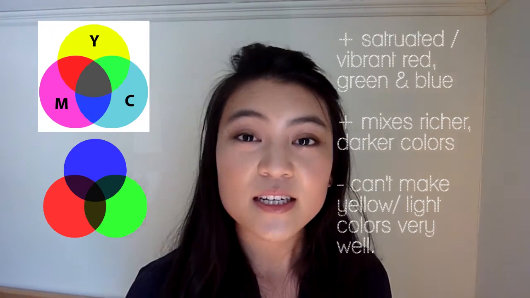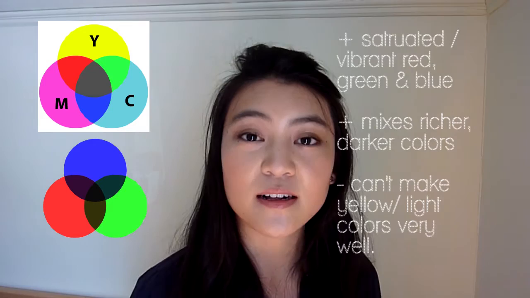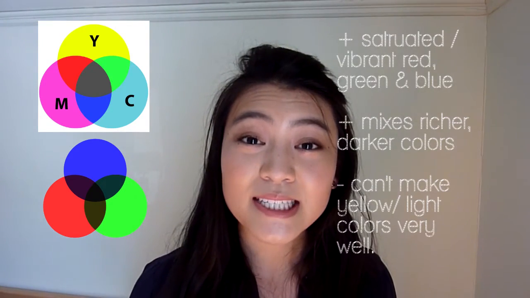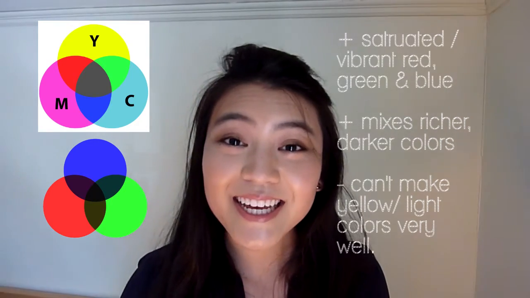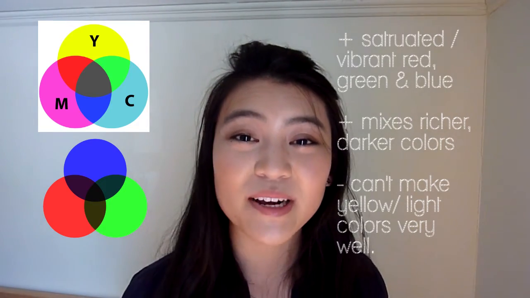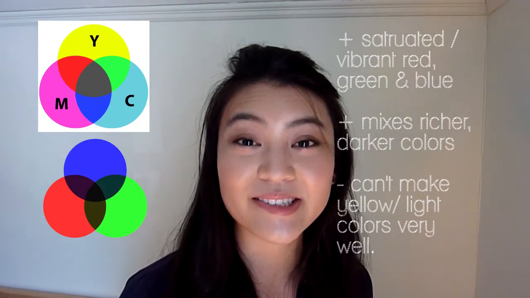This is because pigments aren't as pure as colored light. RGB can provide a more saturated color. It even creates darker colors very well. But notice how there's no way to create lighter colors like yellow. In the end, don't expect it to print exactly what you see on your screen.